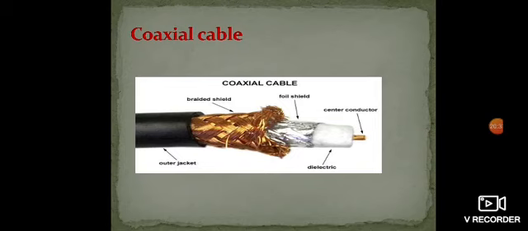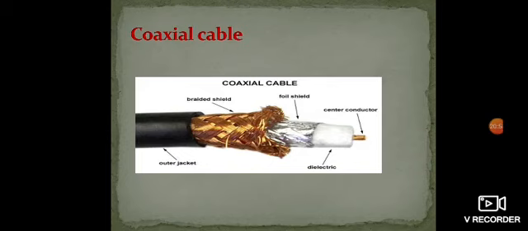Based on these parameters it is categorized. The RG rating is mainly differentiated into three types: RG59, RG58 and RG11.